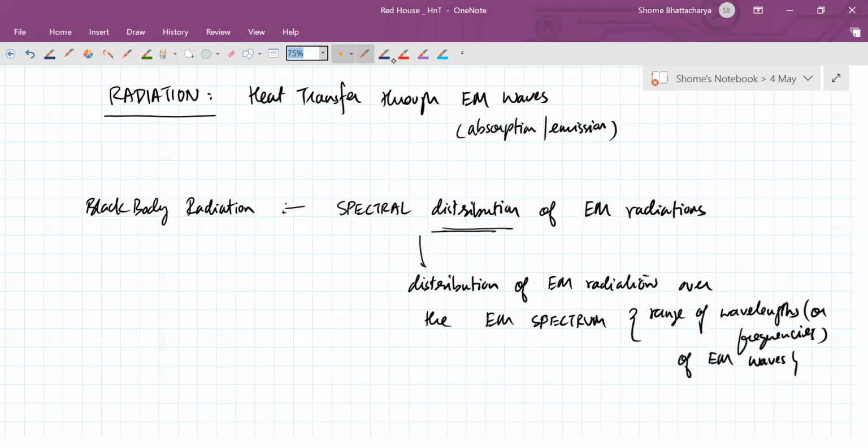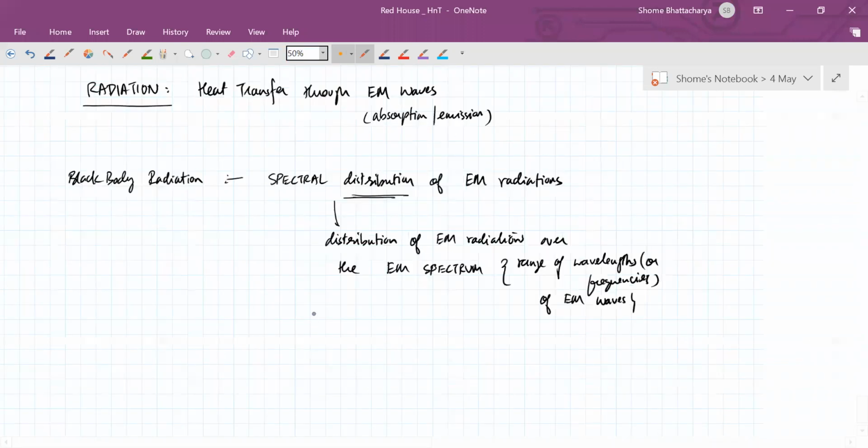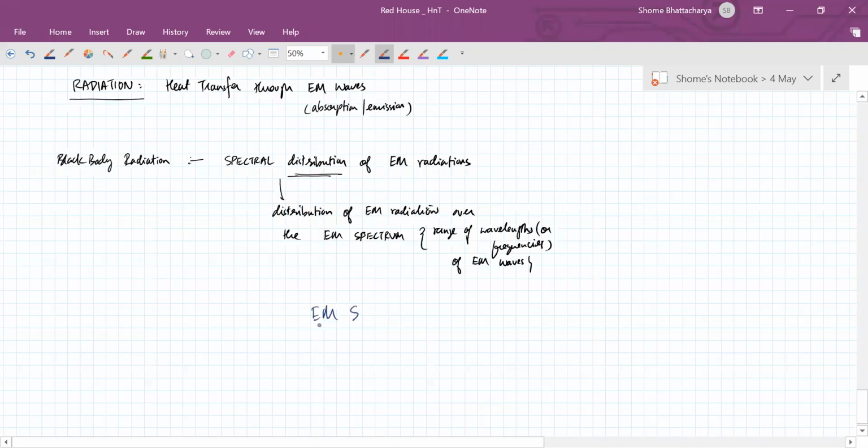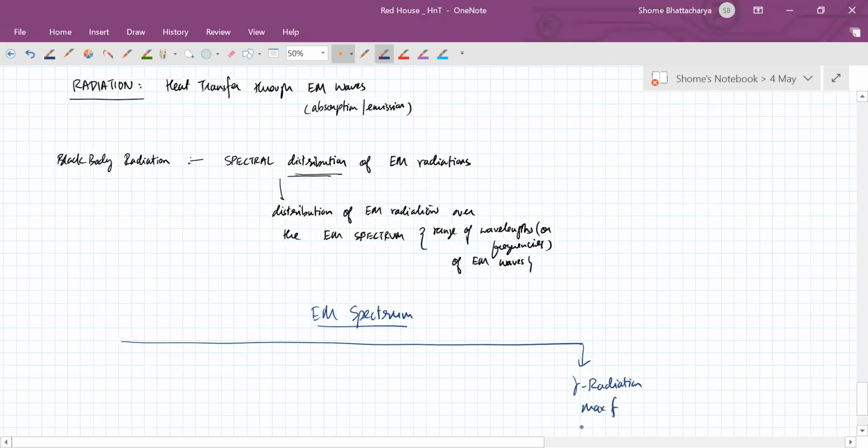As you know, the electromagnetic spectrum is an extremely diverse spectrum of EM waves. The lowest wavelength is for gamma radiation, which has maximum frequency and minimum wavelength.